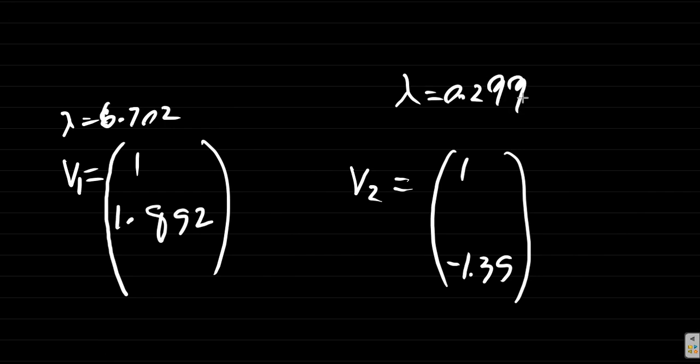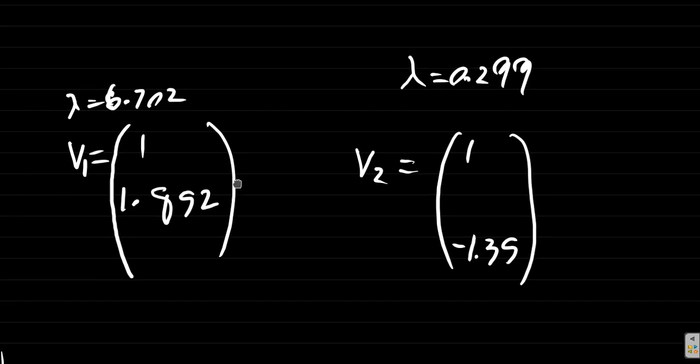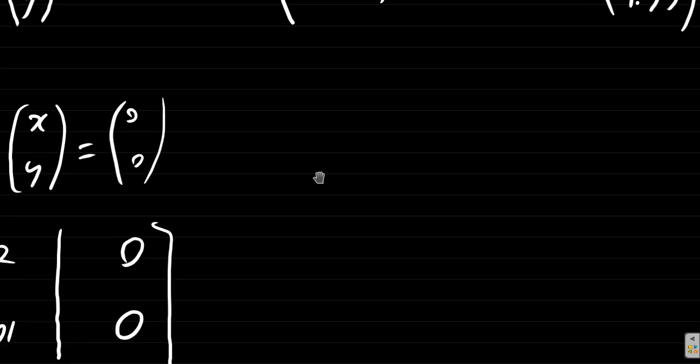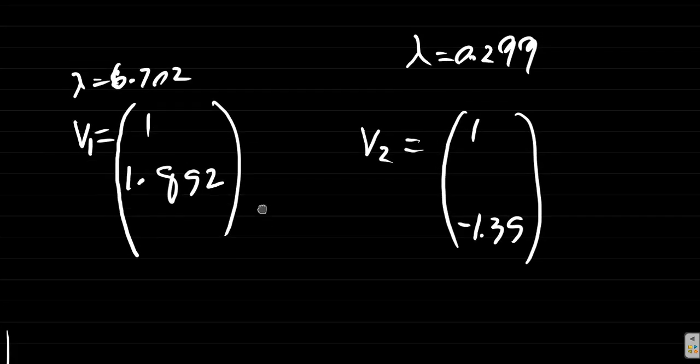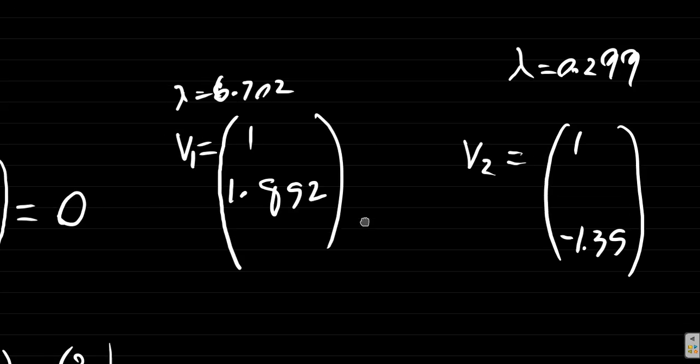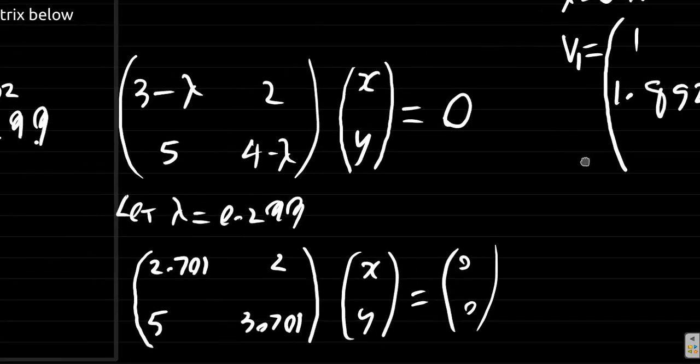So we have our two eigenvalues and the two corresponding eigenvectors. Alright. So these are what we have: eigenvalues and the eigenvectors.